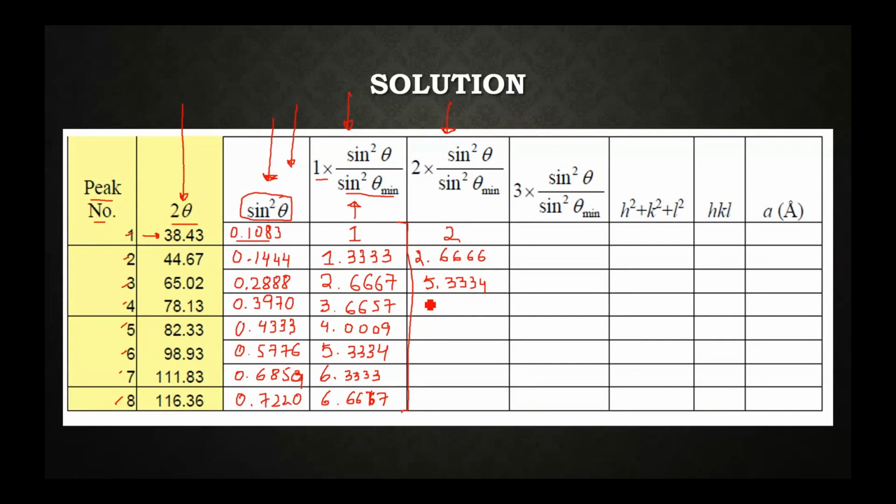Fourth value, 7.3314. Fifth value, 8.0018. Sixth value, 10.6668. Seventh, 12.6666. Last value, 13.3334.